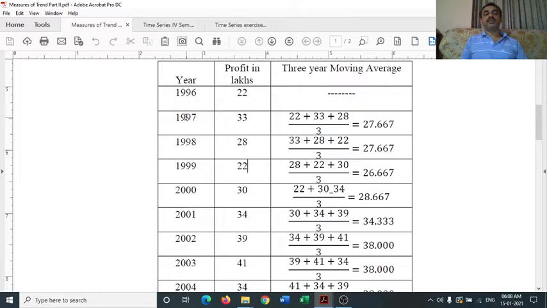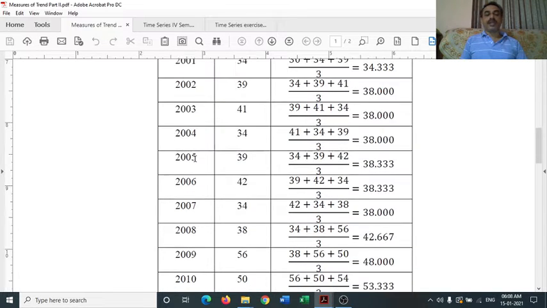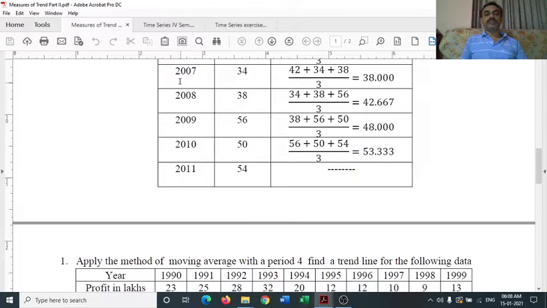then 96, 97, 98, 99, 2000. The middle will be 98. So there won't be a moving average for 96 and 97. Likewise, at the bottom, if this is the last bunch consisting of years 7 to 11, that average has to be placed corresponding to 2009.